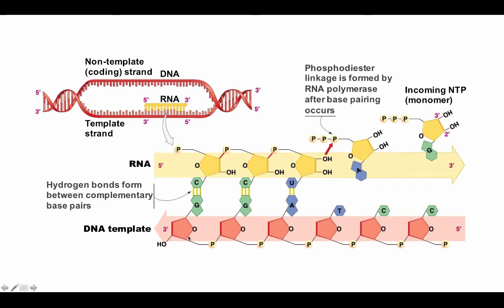Using the DNA as a template, it's going to add the complementary base pairs for the RNA and create these phosphodiester linkages, and they're going to be formed by the enzyme action of RNA polymerase. And this is going to happen after base pairing occurs. So first, the bases are going to be matched, and then once you have a match, the sugar backbone is going to be linked up by the enzyme.